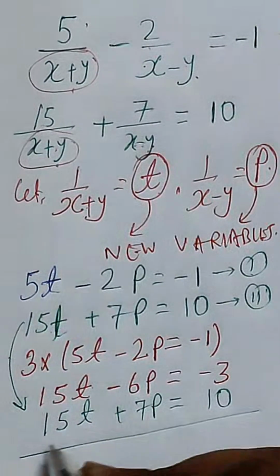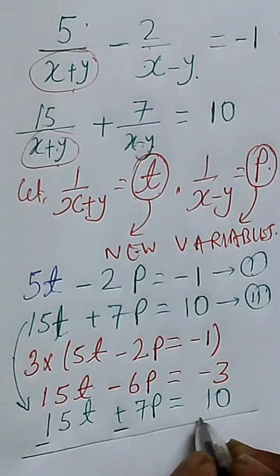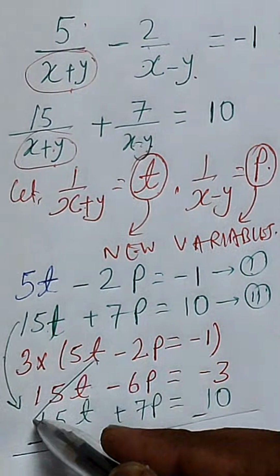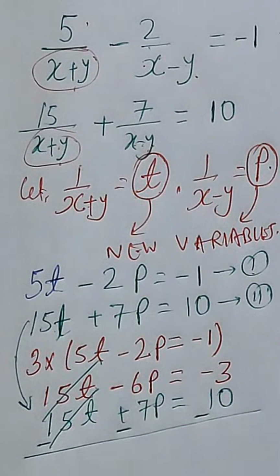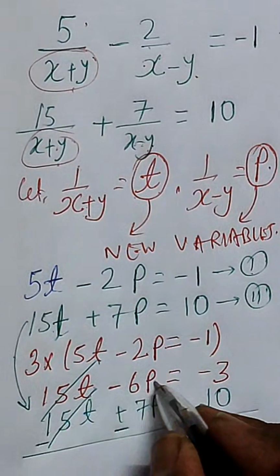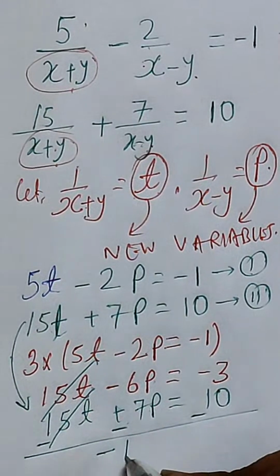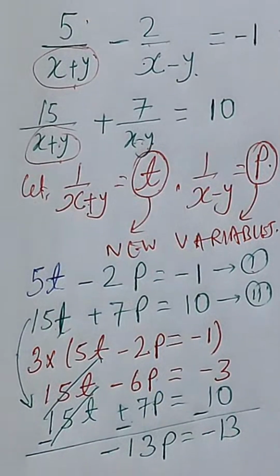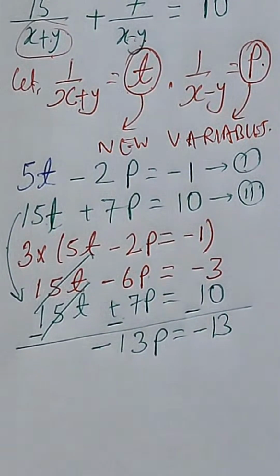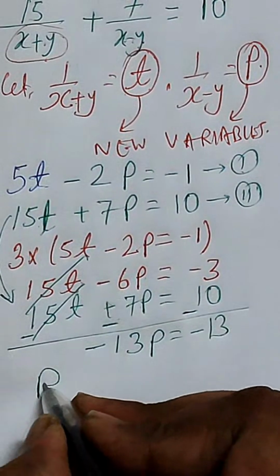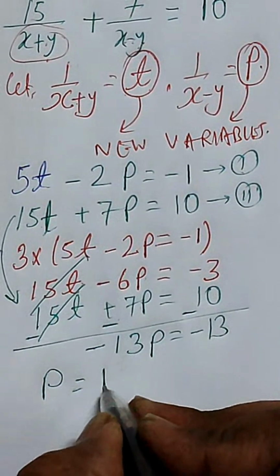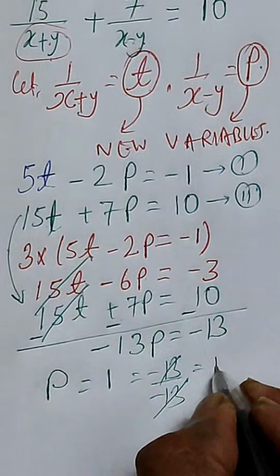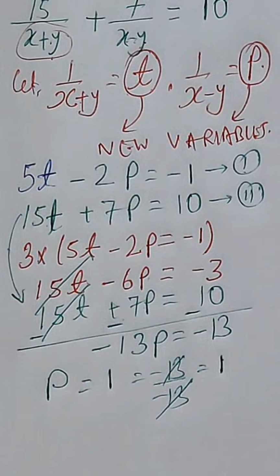Now when you subtract equation number 2 from equation number 1, you can see here 15t and 15t will be cancelled out, right, and we are left with minus 6p and minus 7p, that is minus 13p, which is equal to minus 13, right? And this will give you the value of p as 1, because minus 13 by minus 13 is equal to 1, right?